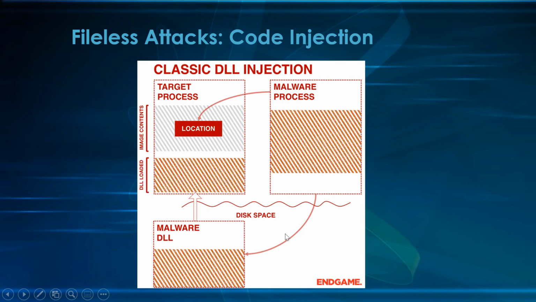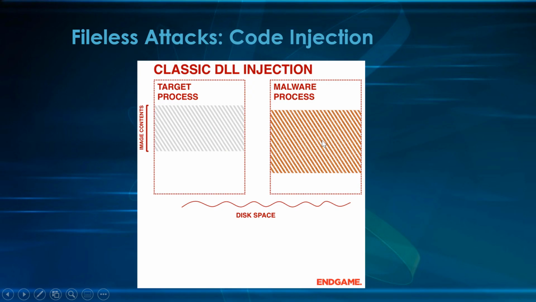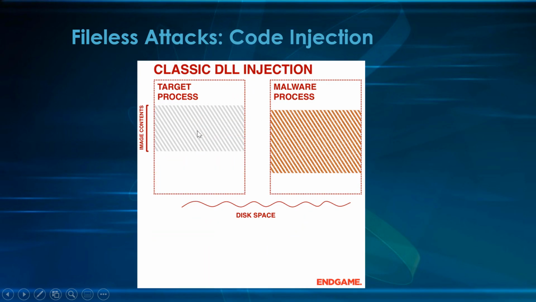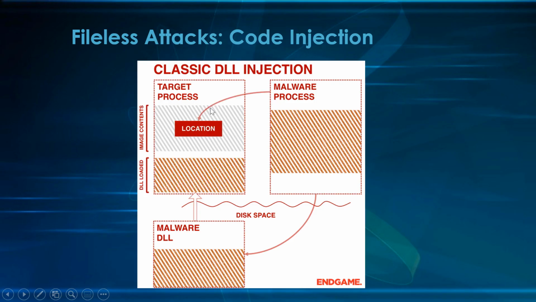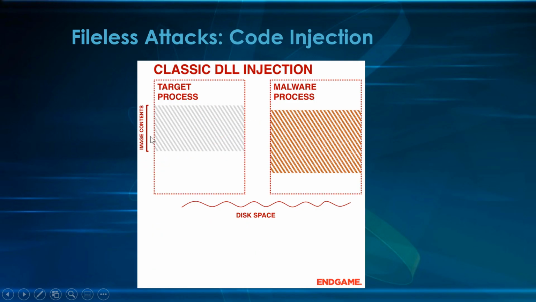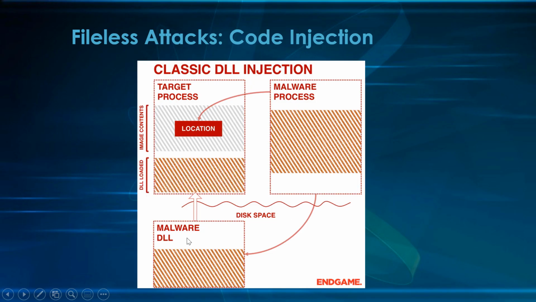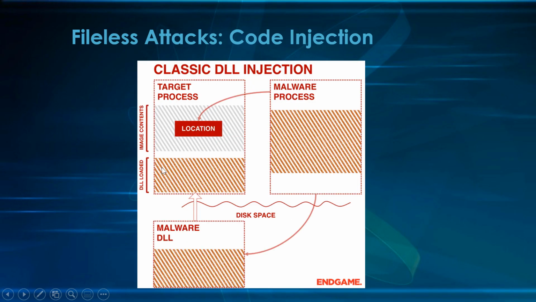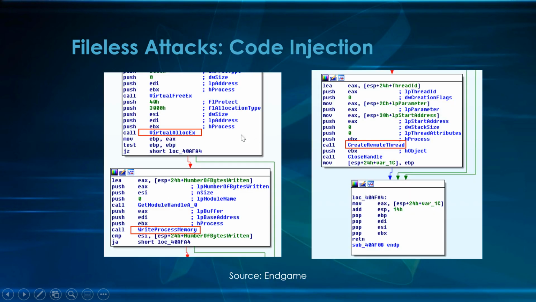It happens like this. The malware library is here. He basically allocates a place, or books a place, inside the target process, a free memory. Then he takes the malware DLL, puts it in that free memory, and then executes it by creating a thread. In the code, it looks like this. VirtualAllocEx, which basically can allocate memory inside other processes, outside of the main malware process.